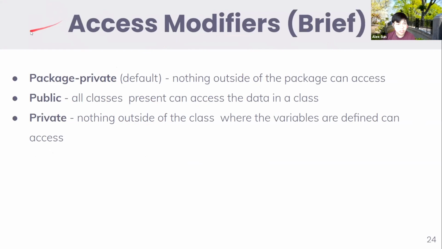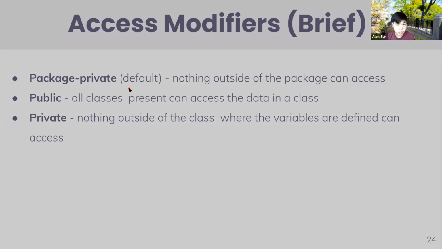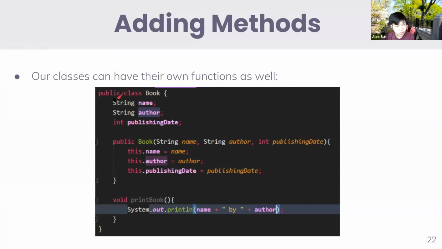There are these things called access. This is going to be a very brief explanation because I don't really have a good example for you. But basically in Java, there are 3 main types of access. So for example, when we go back here, see how we don't specify public or private or anything in front of the variable names?